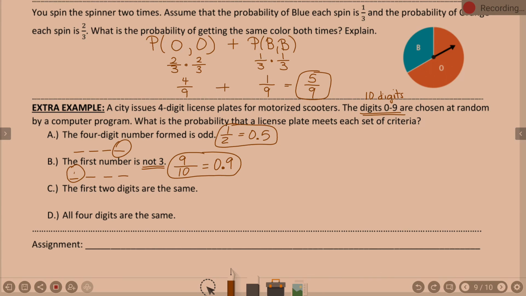Probability the first 2 digits are the same.